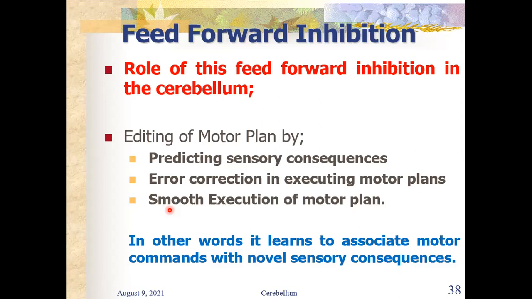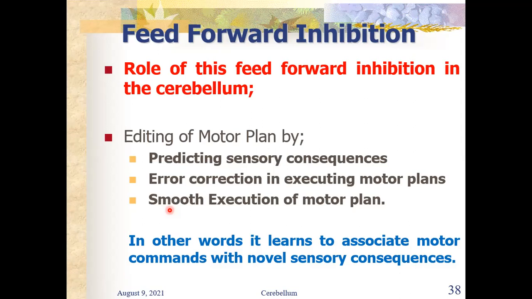In the process, the cerebellum constantly receives sensory feedbacks from the proprioceptors to see how the motor plan is being carried out. It also receives those sensory impulses to see if the motor plan that has been carried out is the same as the plan that is stored within the circuitry of the cerebellum.